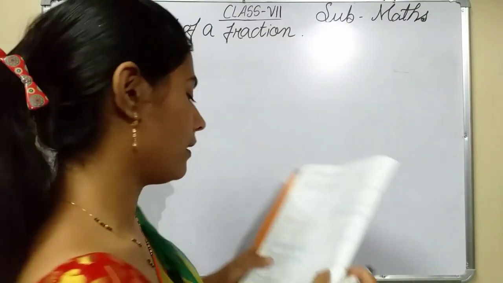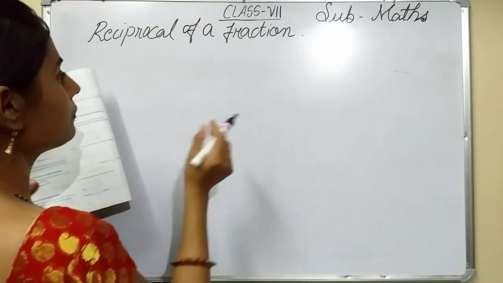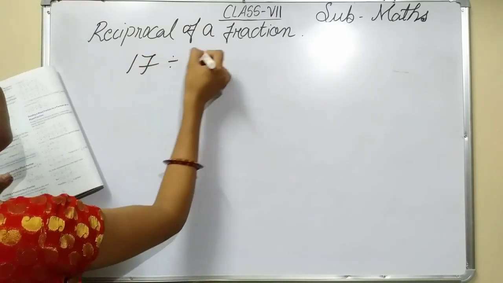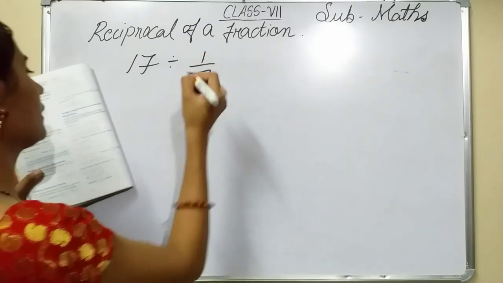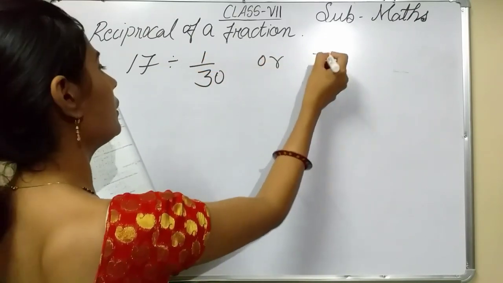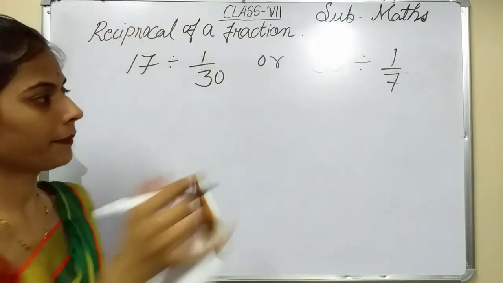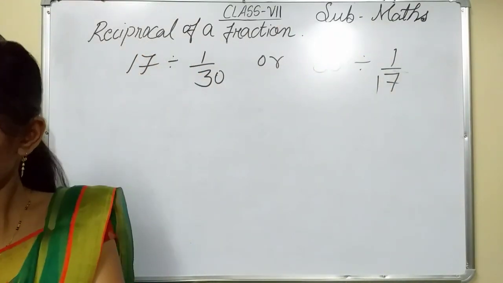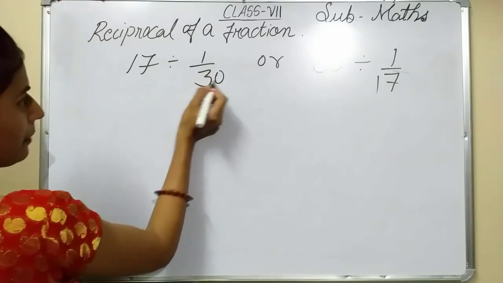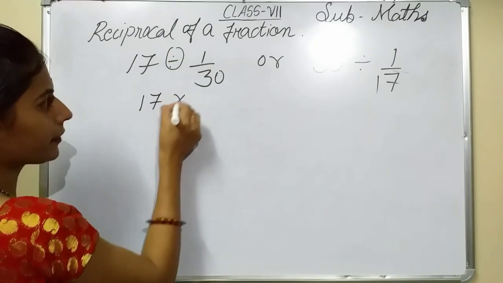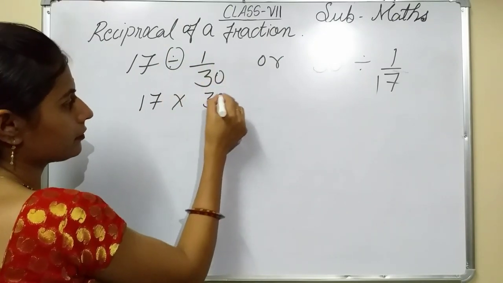Now I will explain you some more fractions. 17 divided by 1/30 or 30 divided by 1/17. See, 17 divided by 1/30: change it into multiply, 30/1.